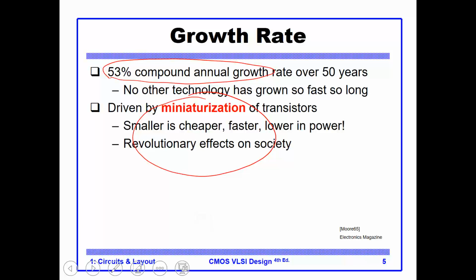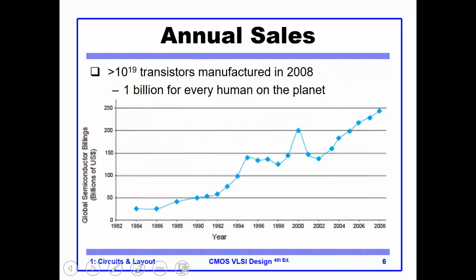Okay, so now you can see here is the annual sales. These are numbers in US dollars, and these are the years. You can see that this growth is exponential. This is an exponential growth, and obviously sometimes it goes up and down with some kind of local dipping here, but overall it's exponential growth.